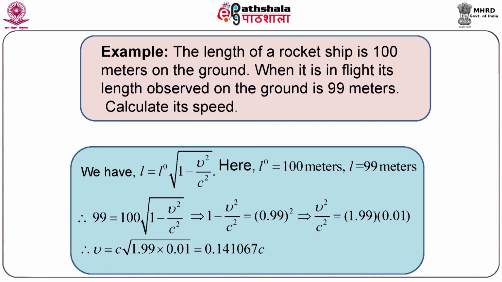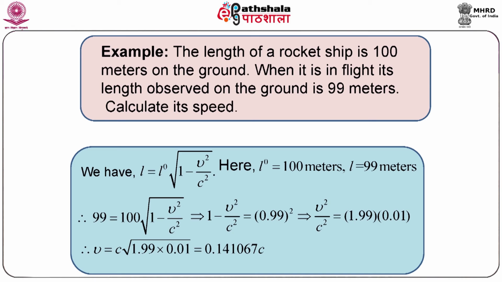Dividing both sides by 100 and taking square of it, we get this result. Shifting v square by c square to the right hand side and this quantity to the left hand side, we get 1 minus 0.99 square equal to v square by c square. This is of the form a square minus b square, which gives a plus b into a minus b.